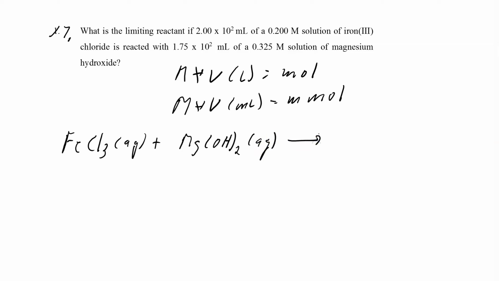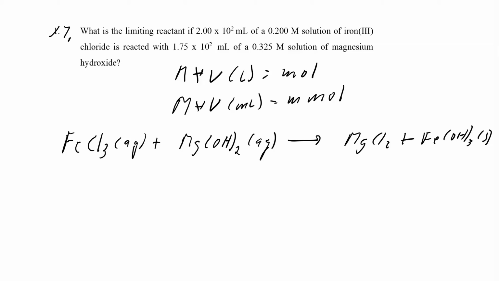This is a metathesis reaction, which is going to form magnesium chloride, MgCl2, and our other product, iron(III) hydroxide, Fe(OH)3, a solid.